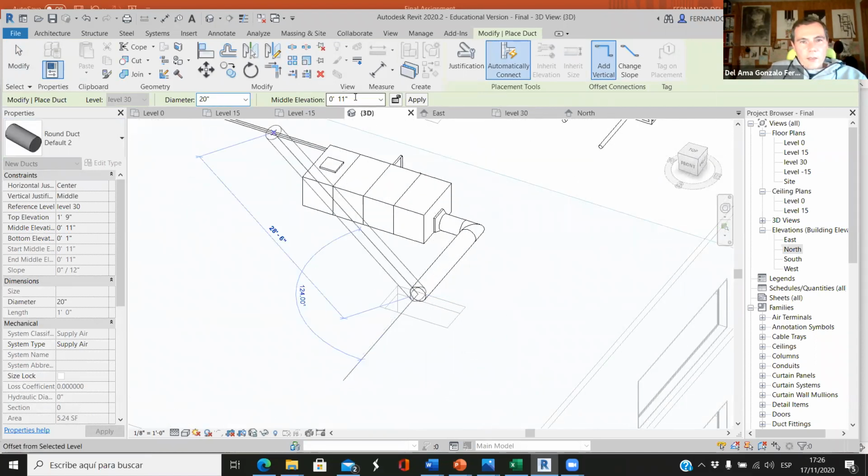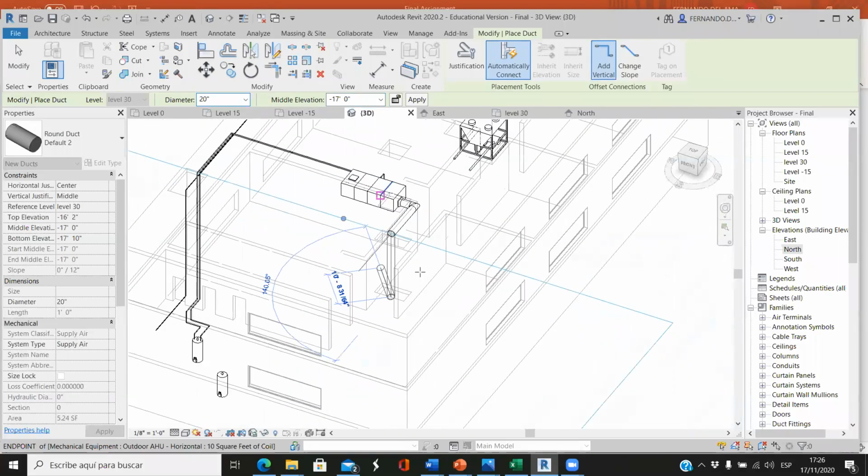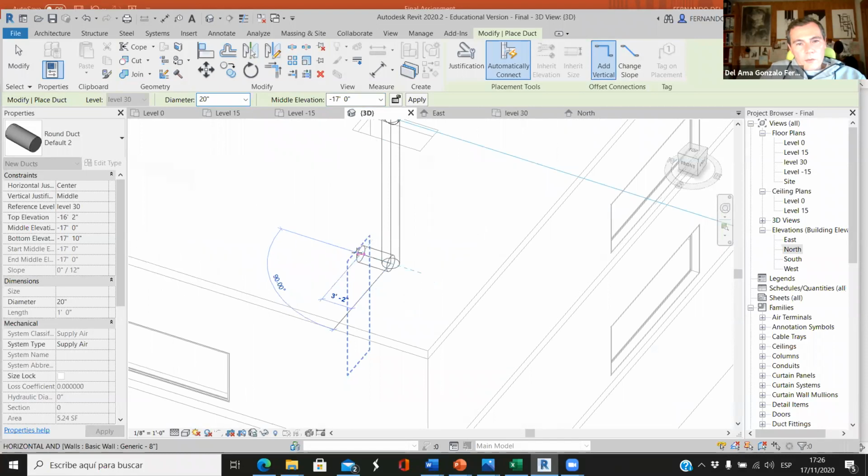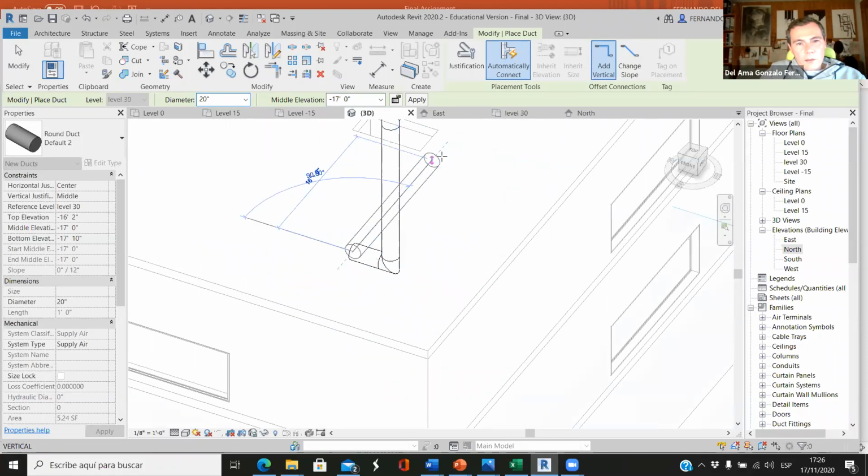Now the only constraint is that we need to go this way. And now we can change the elevation. Let's say 15, no more, negative 17. And then probably I need to go this way and then that way.